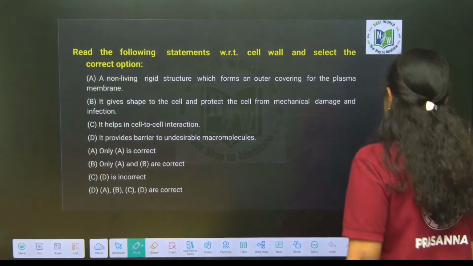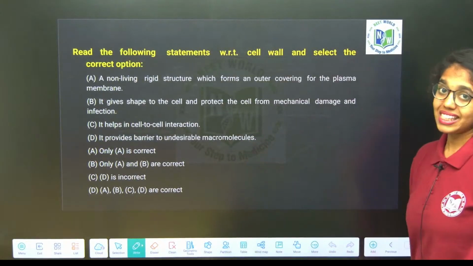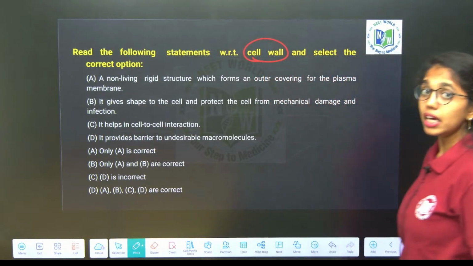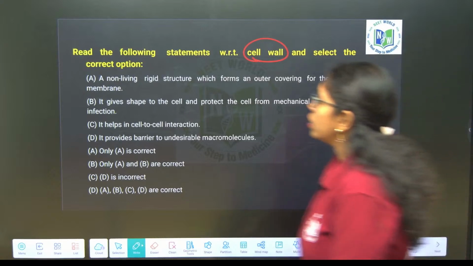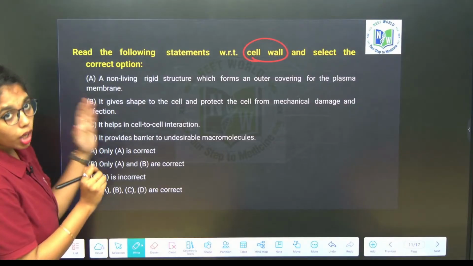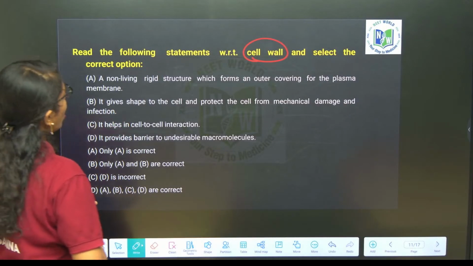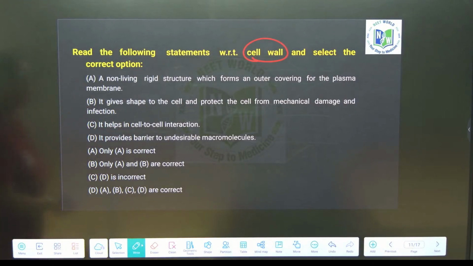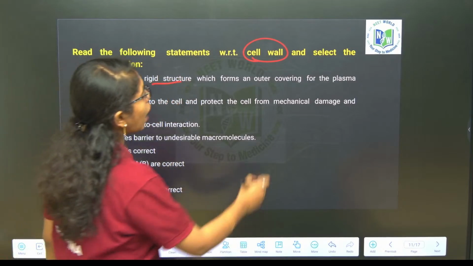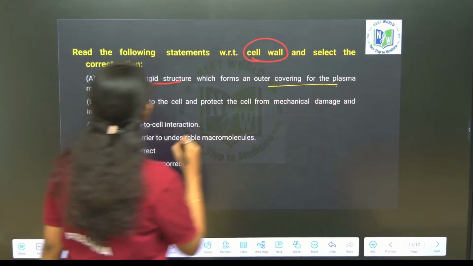Next question. Read the following statements with respect to cell wall and select the correct option. Look into all the options carefully and identify the combination of correct options. Statement A: a non-living rigid structure which forms an outer covering for the plasma membrane.